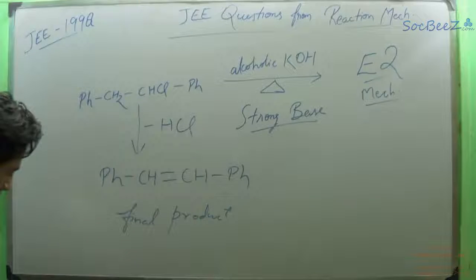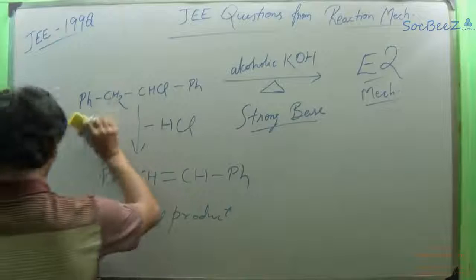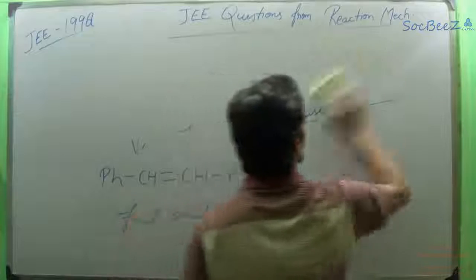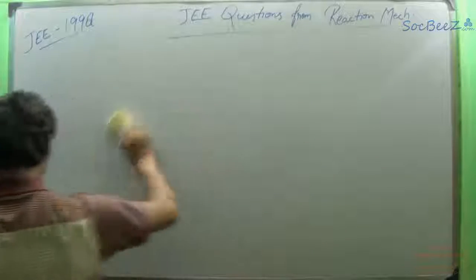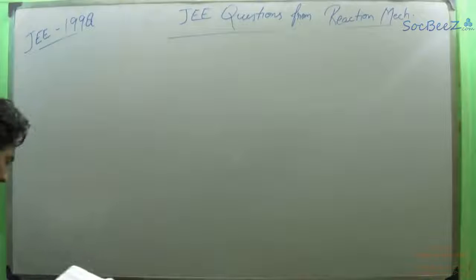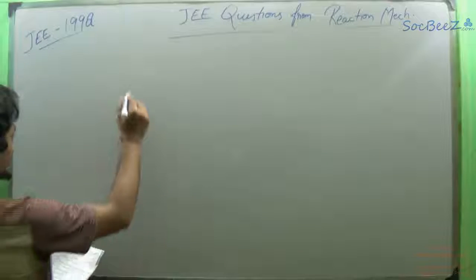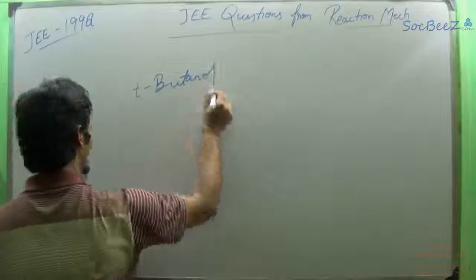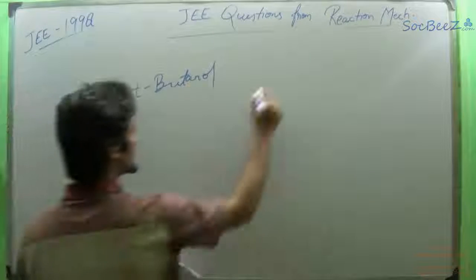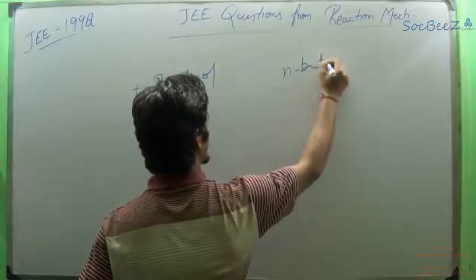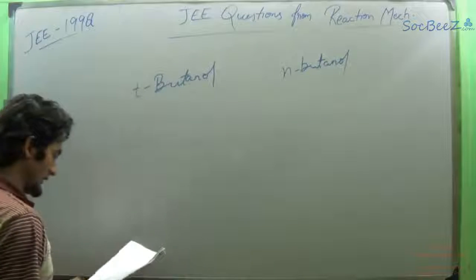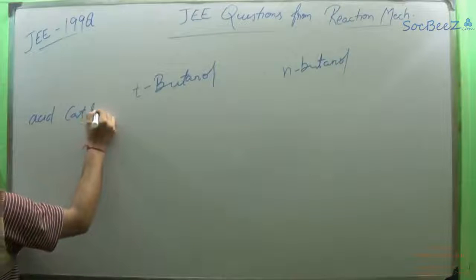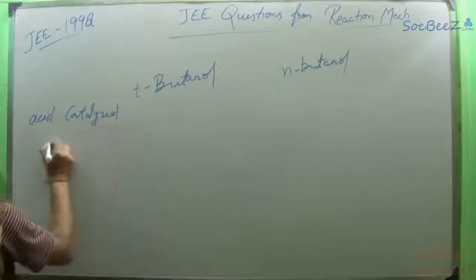So this is it. The next question is again from JEE 1998. The question says, why acid catalyzed dehydration of tertiary butanol, note the important keywords, tertiary butanol is faster than normal butanol, and it's a acid catalyzed dehydration.